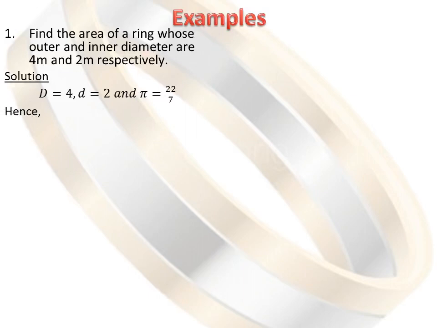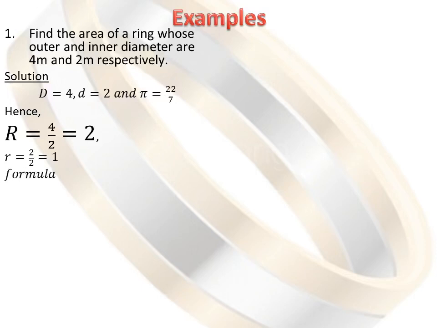Hence, our bigger R, according to the formula we have, when we plug in bigger D divided by 2, we get our bigger R, which is equal to 4 divided by 2 is equal to 2. And our smaller r is equal to 2 divided by 2, that will give us 1. Of course, the formula is there, we just substitute into the formula.